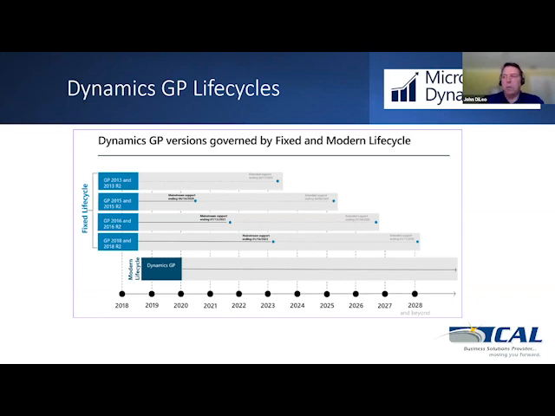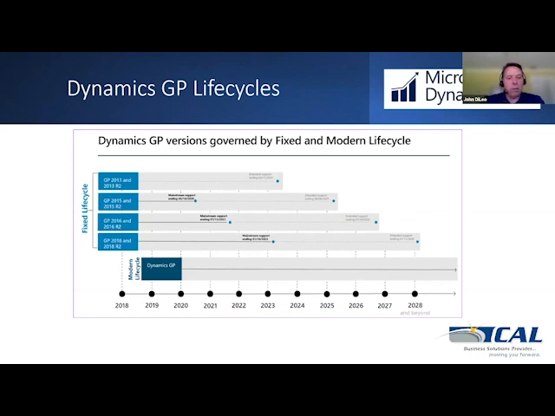So you can see 2015 goes through April of next year. Then we've got 2016, 2018 that continue out. So you see the extended support. There still are going to be updates, but they're not going to be feature enhancements. They're not going to be any regulatory or tax updates. It's strictly just security and vulnerabilities that they're going to be addressing for 2016 and GP 2018.